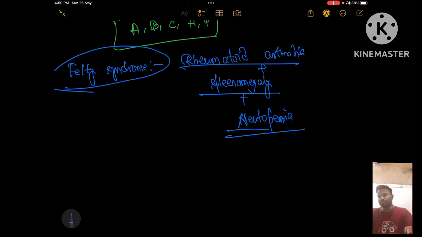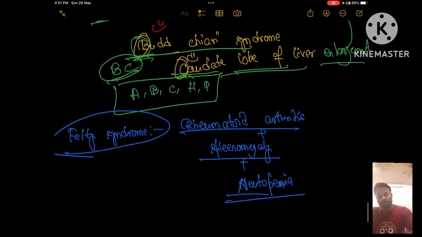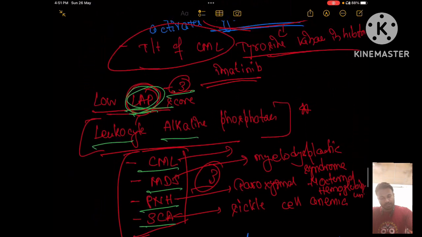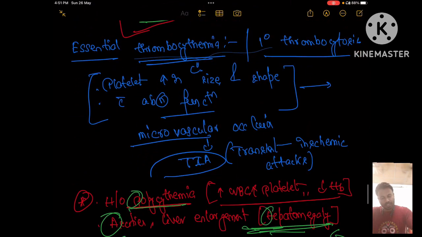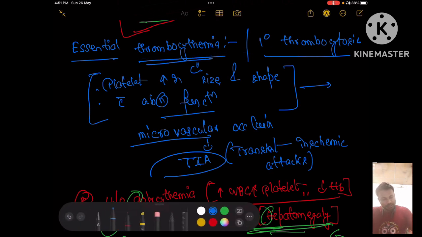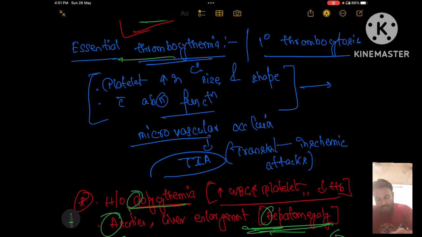Felty syndrome. Here we have missed a point in thrombocythemia. What is the drug of choice for essential thrombocythemia? Hydroxyurea.